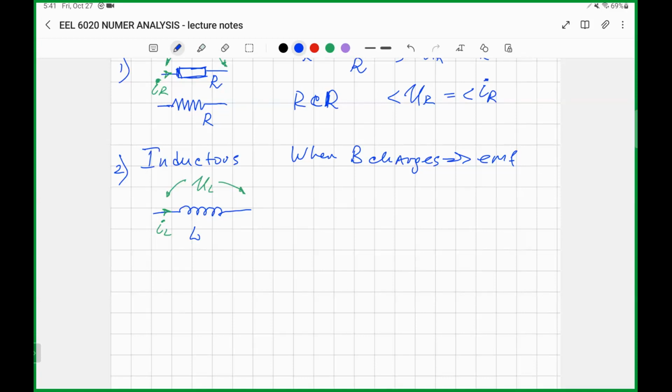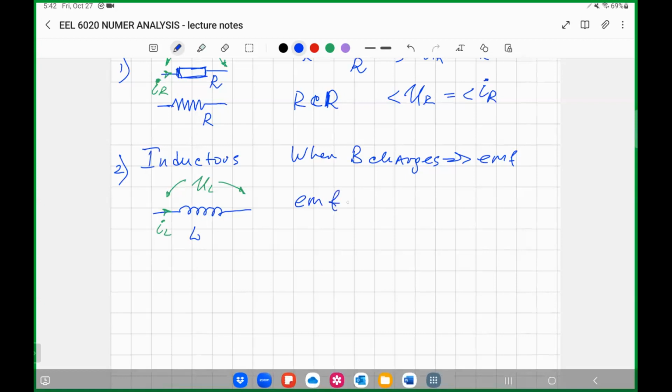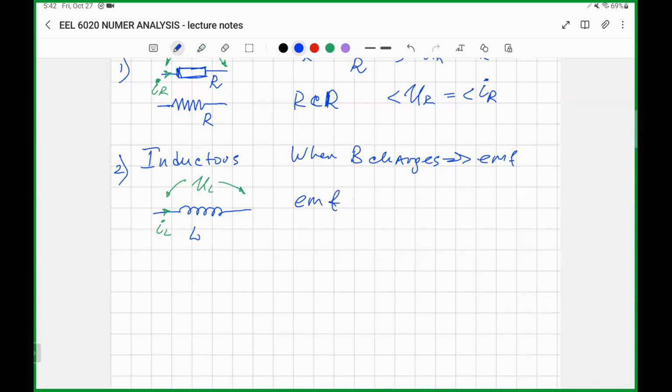We already know Faraday's law or Lenz's law for the electromotive force, which is given by the time derivative of the flux of the magnetic field through the circuit.